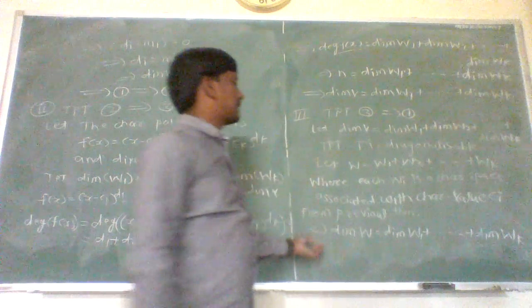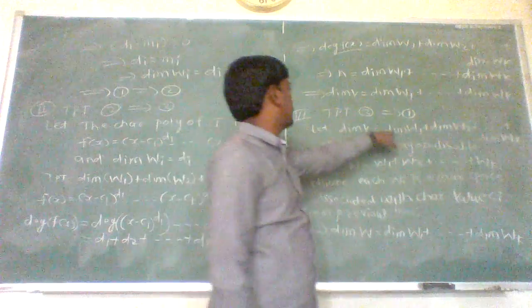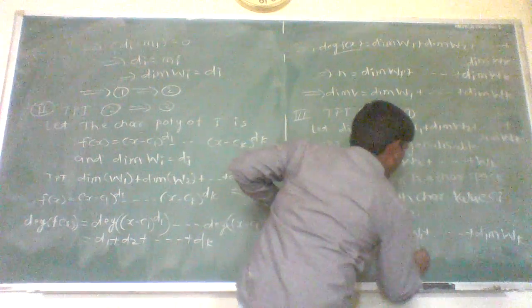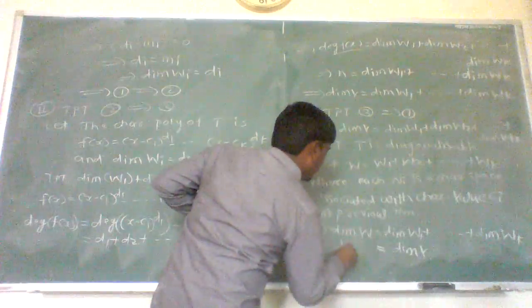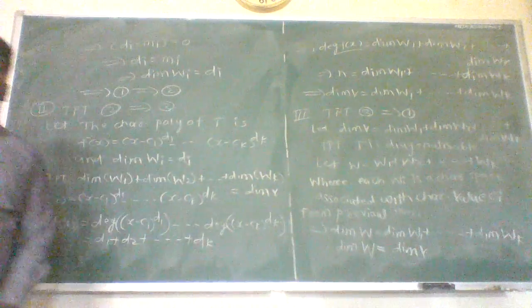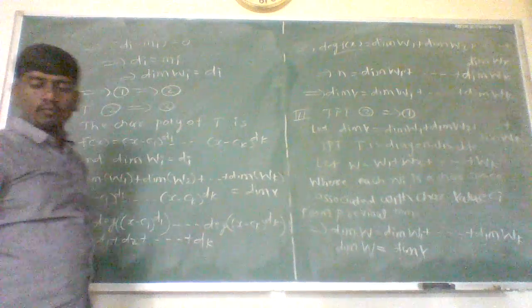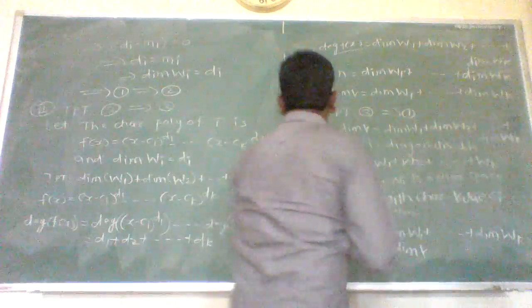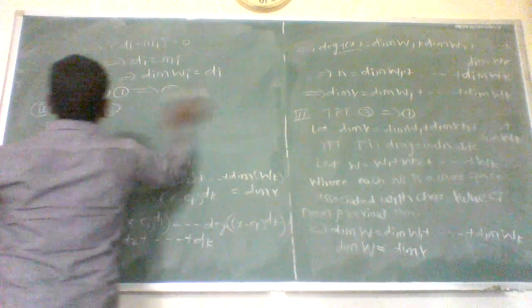But dimension of W1 plus dimension of W2 plus up to dimension of Wk is nothing but the dimension of V. So here W is a subspace of V and dimension of W will be equal to dimension of V. Then it is possible if and only if W and V are the same.